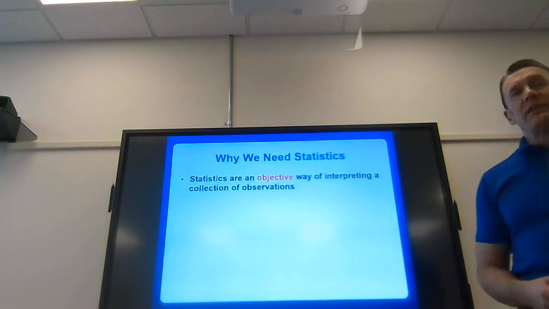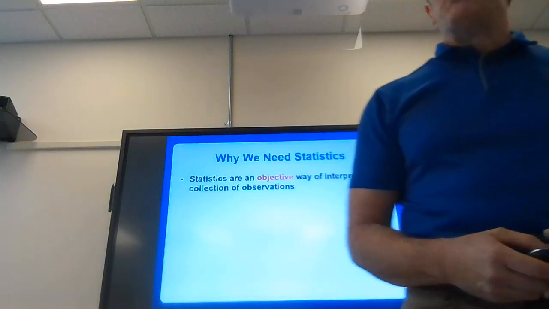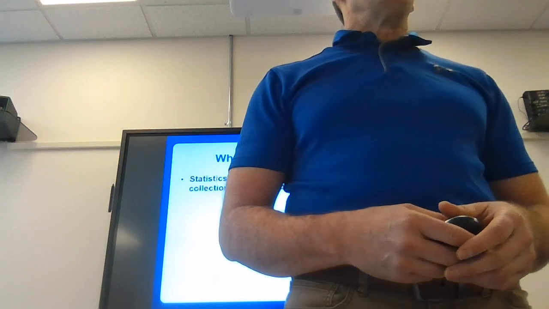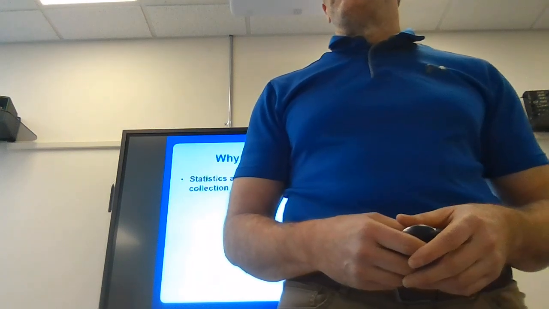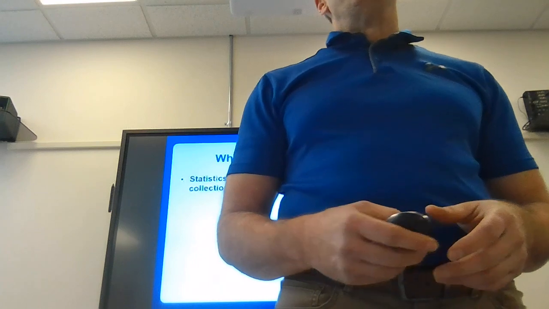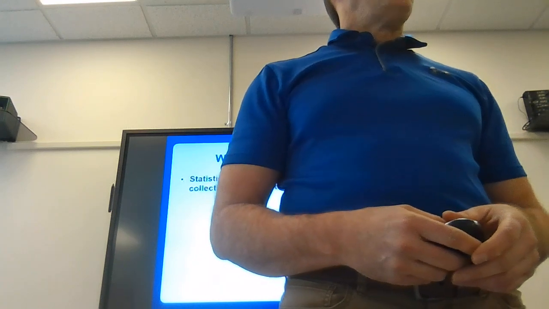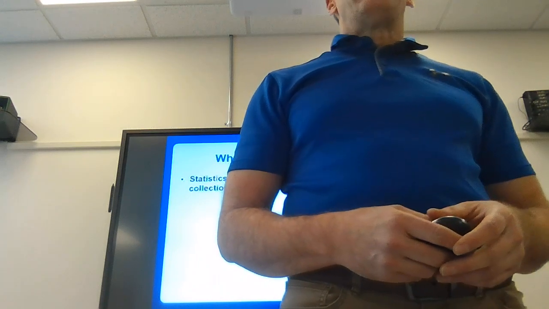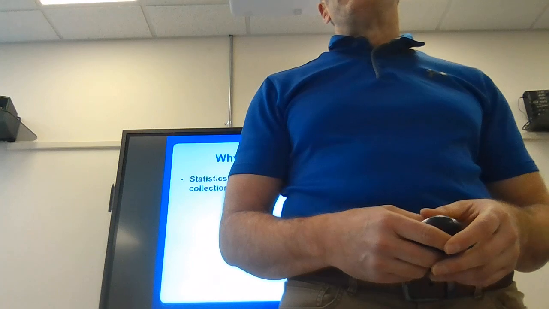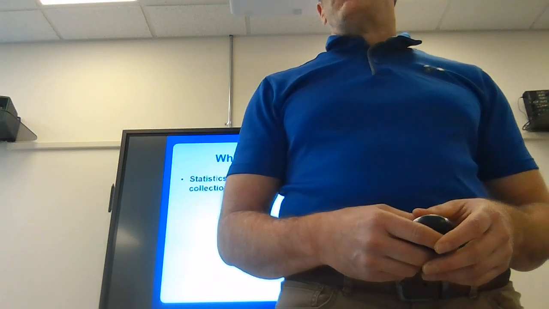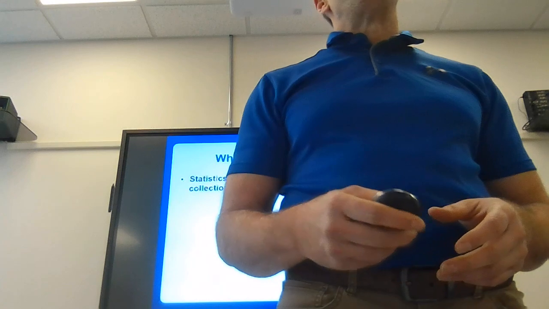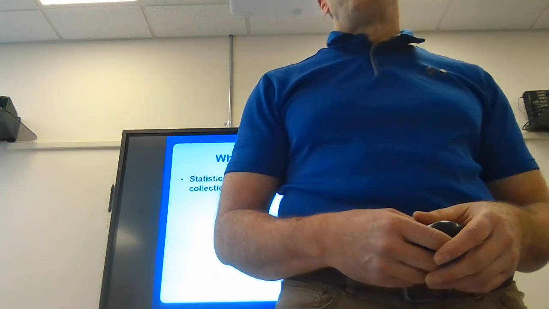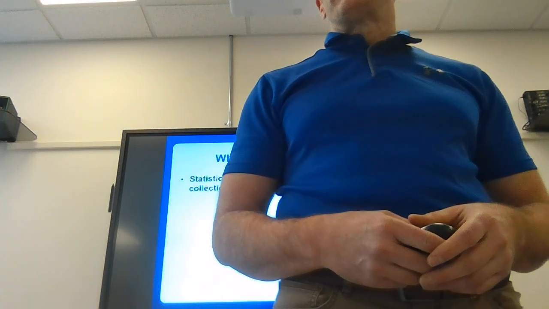So it's objective. The way that we place numbers into a spreadsheet and the analysis that we select is based on the question that we have. So your research question that you're familiar with, you should have an idea at least how you might want to approach that. You'll have some data in front of you at some point, and being able to put that data into a spreadsheet and then do an analysis to make sense of it in an objective way is really important to complete your project.